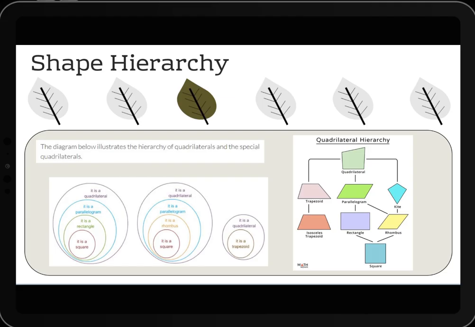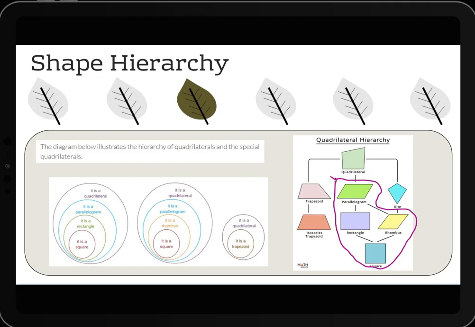But you have this family of parallelograms right here that we've seen in the past. So all of those are parallelograms. The other quadrilaterals are shapes that are not, so they're kind of on their own a little bit. A rectangle, then a square: the square represents the figure that has all of the properties of any of the parallelograms that I circled there, which is why you see it as the innermost circle.